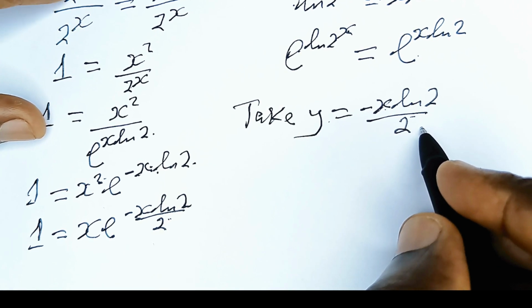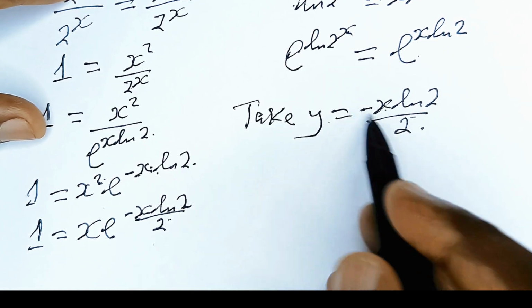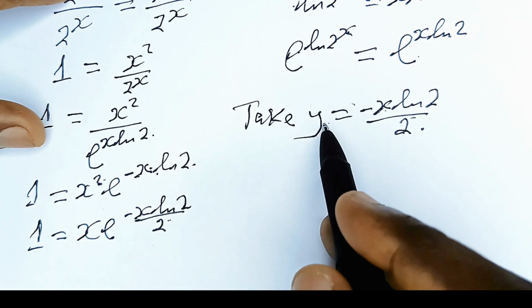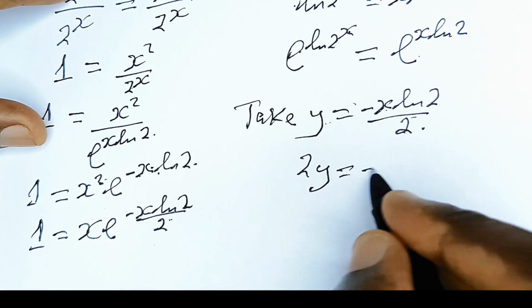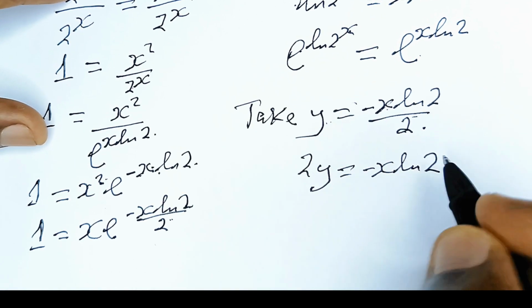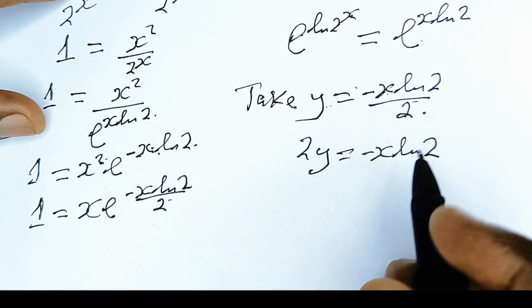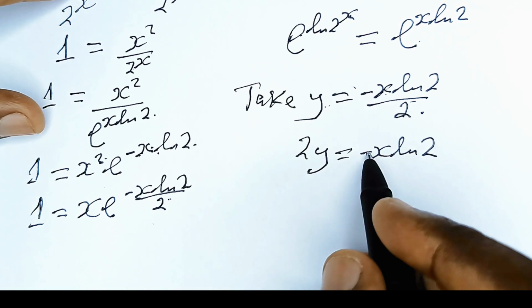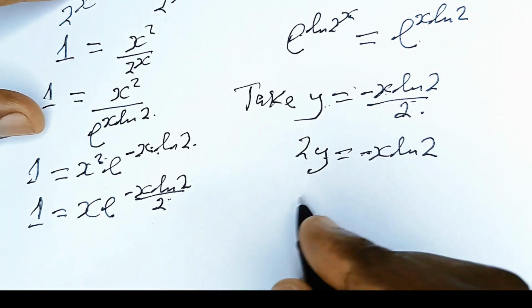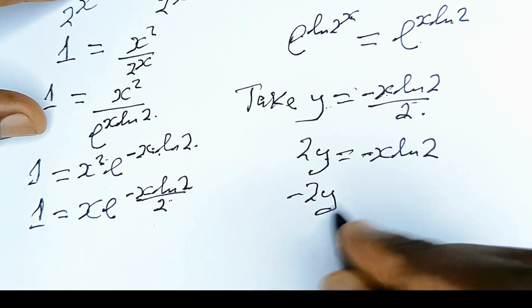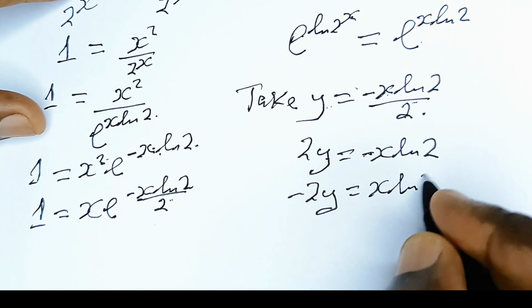We want to make x the subject of the formula here by cross multiplication. 2 comes here, so we have 2y is equal to minus x ln 2. From there, you find the negative of both sides. So you have minus 2y is equal to x ln 2.